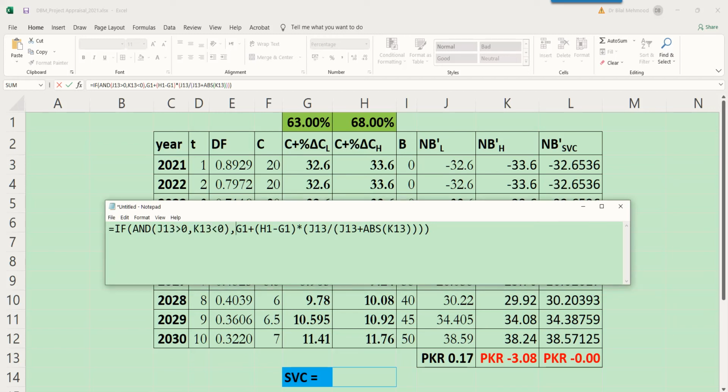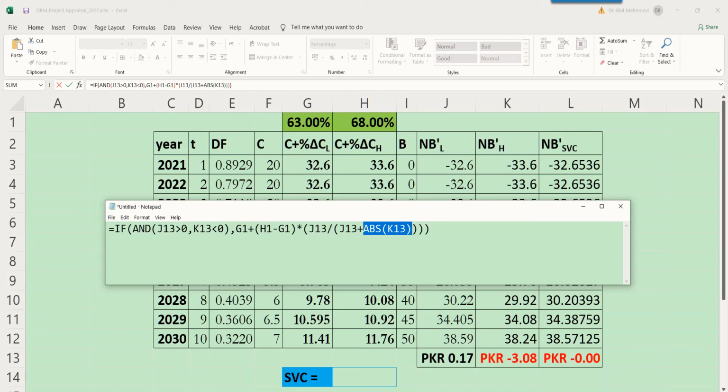So after fulfilling the requirement of one positive and one negative NPV, we will write the formula of interpolation, and it says that the value in G1, which is the percentage increase in the cost which is lower, added to the difference of the higher increase in the cost and the lower increase in the cost, then we multiply it with the NPV at lower change in cost, and we divide it with the sum of the NPV at lower change in the costs and the absolute value of the NPV at higher change in the costs.